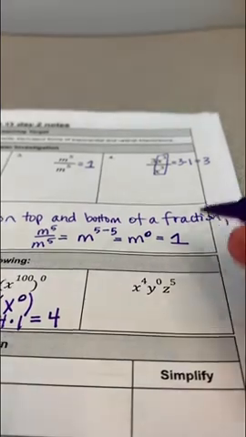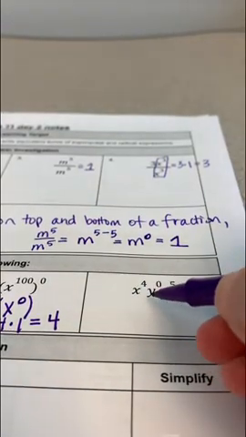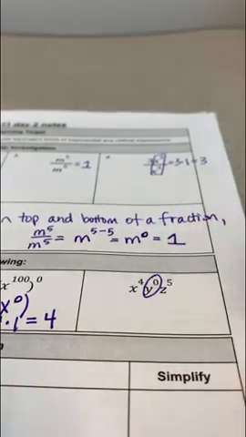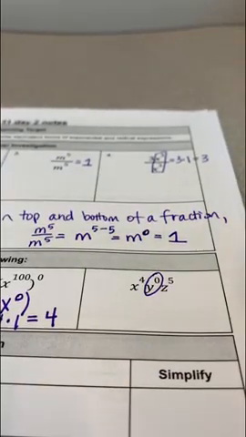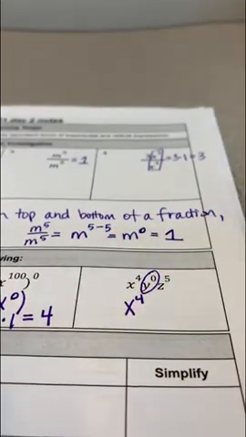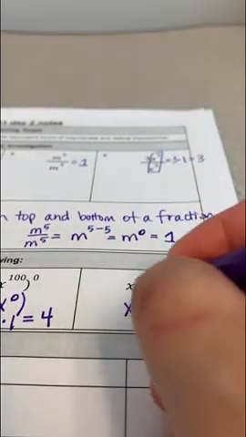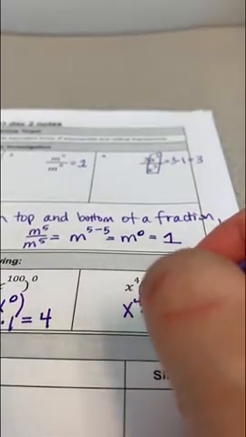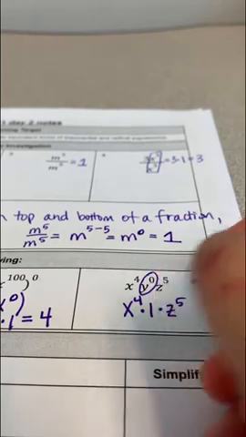Now, this last one, so I have x to the 4th, y to the 0, and z to the 5th. This part is what we're working on. X to the 4th sits there. It doesn't have anything to do. It can't combine with anybody. Times 1 in the middle times z to the 5th.